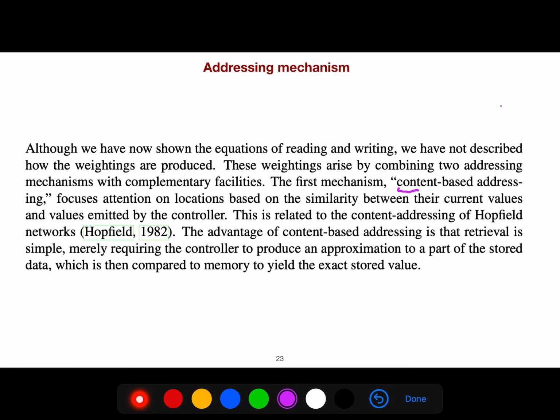So this is the content-based addressing that I was talking about, and this is related to content-based addressing of Hopfield networks.